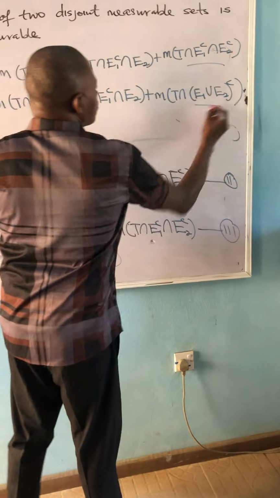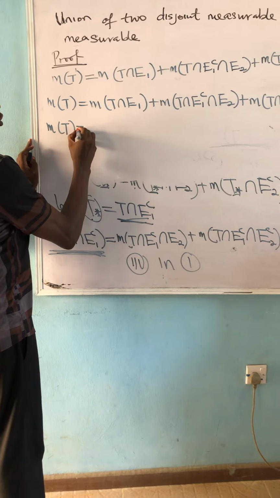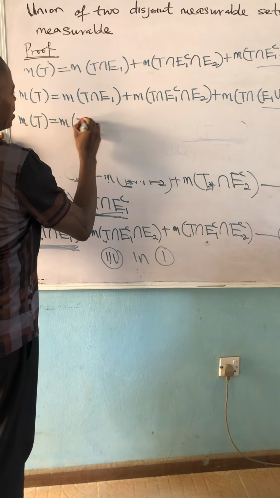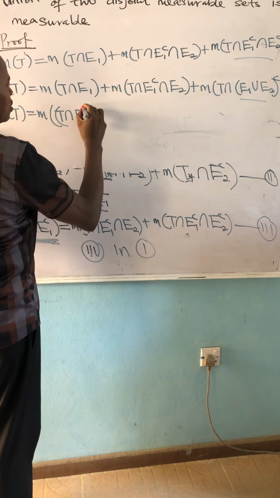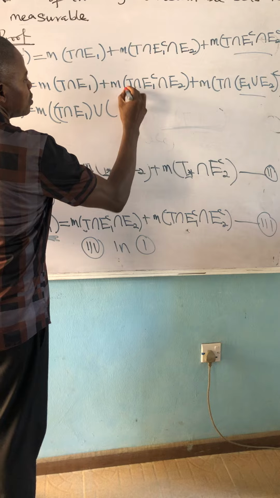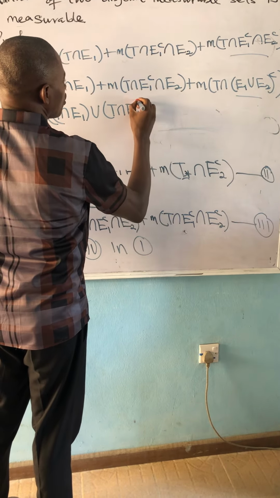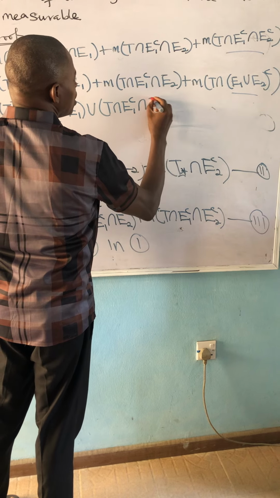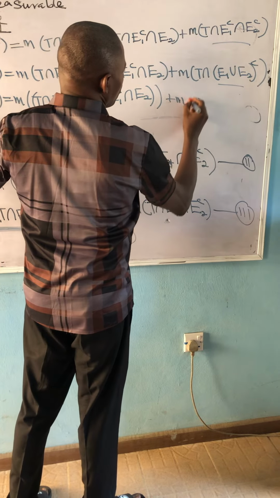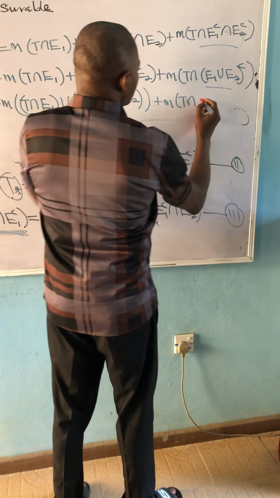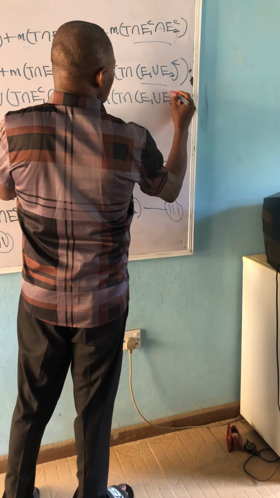Then the measure of T equals the measure of T intersection E1 union T intersection E1 complement intersection E2, plus the measure of T intersection E1 union E2 complement.